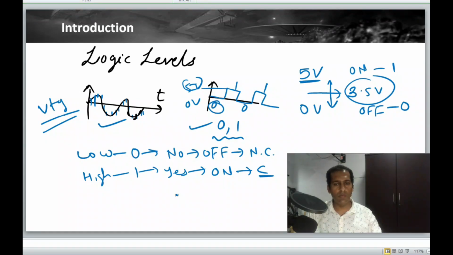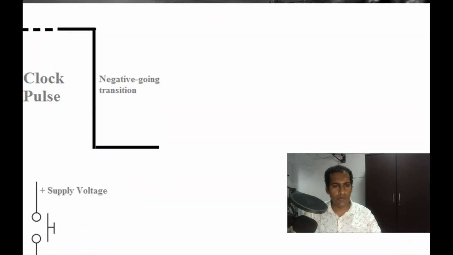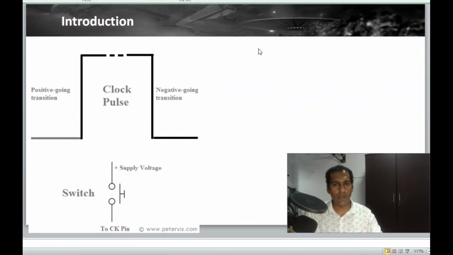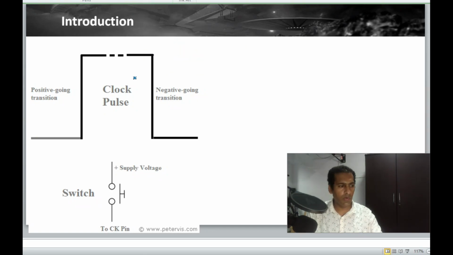Now if we explore this signal, here we can see one clock pulse. For example, say this is a switch. When we click on the switch, that switch will make this circuit on, right? So here say it's a clock pulse.